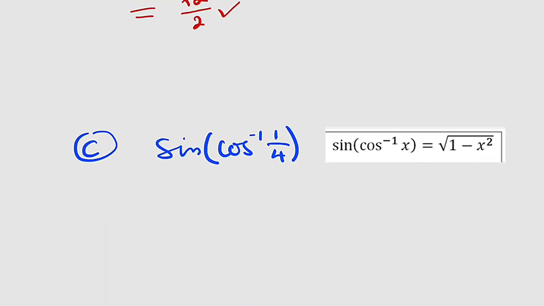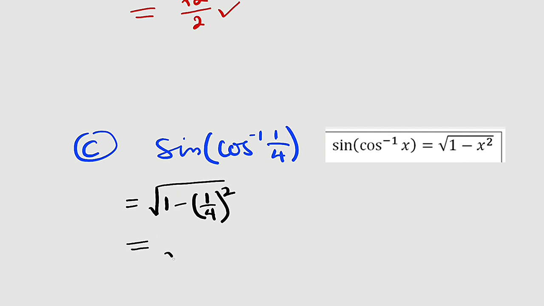Let's move on. You know that this angle is not special, because I don't think we have any special angle whose cosine will give you 1 over 4. So in this case, you cannot do it mentally. Let us apply the formula for which x is 1 over 4. This is equal to the square root of 1 minus x squared, which is 1 over 4 squared.